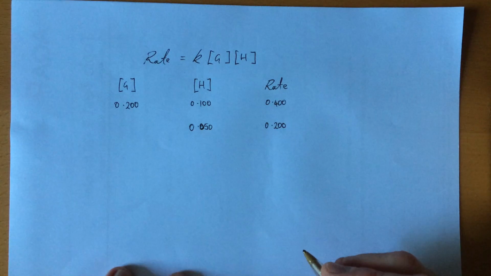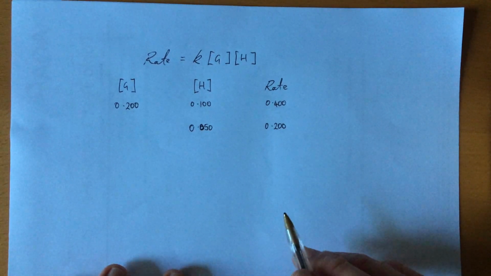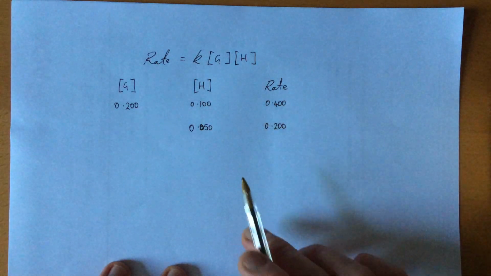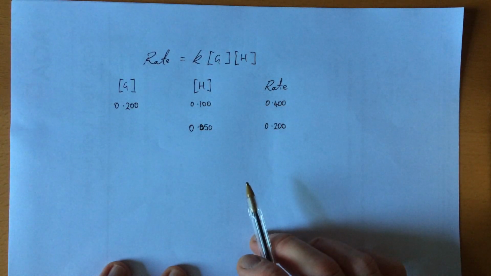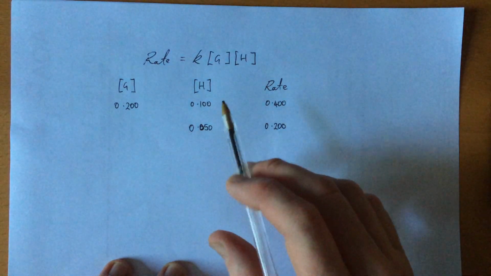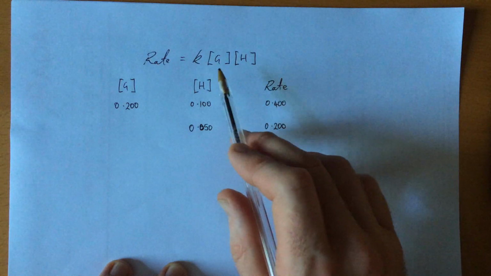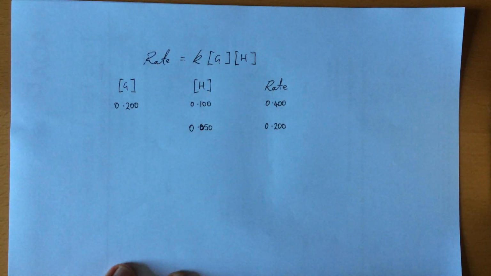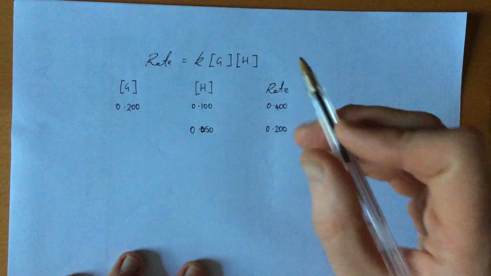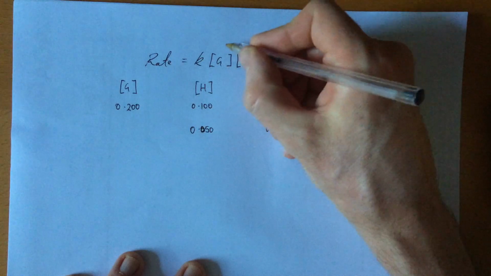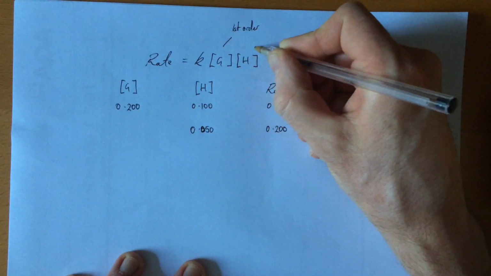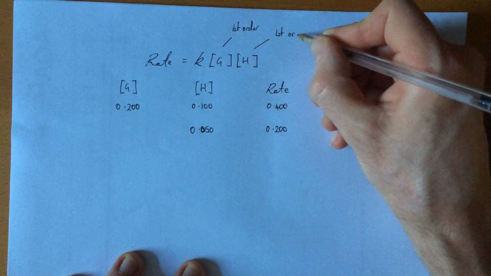So immediately what we try to do is use the factor that one of the concentrations has decreased or increased by and relate that to how the rate has changed, knowing the order of reaction with respect to those different substances in the rate equation. So let's just look at those orders of reaction. We know from this rate equation that G is first order, and we also know that H is first order.